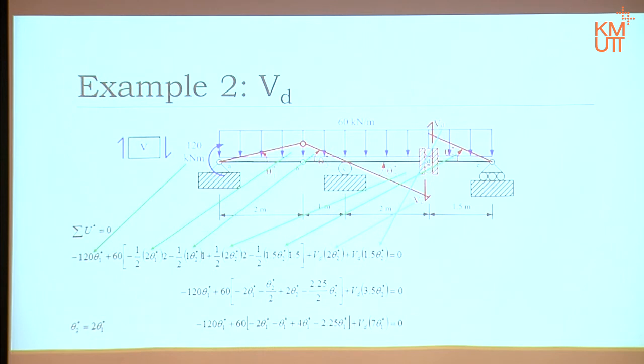Then we change everything into theta 1. Then take theta 1 out. Rearrange it. There. Into that. Then we said theta 1 is not 0. Inside the bracket must be 0. And therefore it works out shear equal to that value there. Positive. Therefore it means that what we assume is correct. There we are.